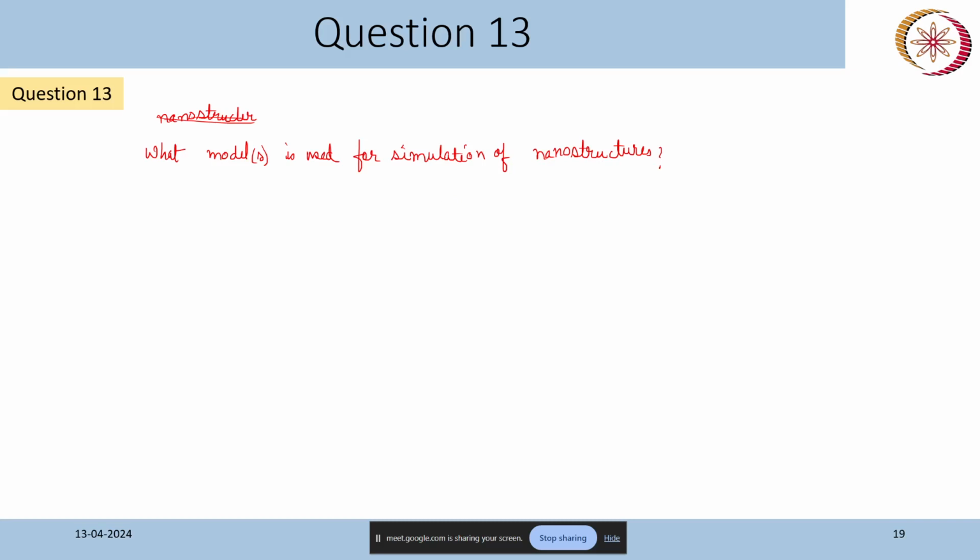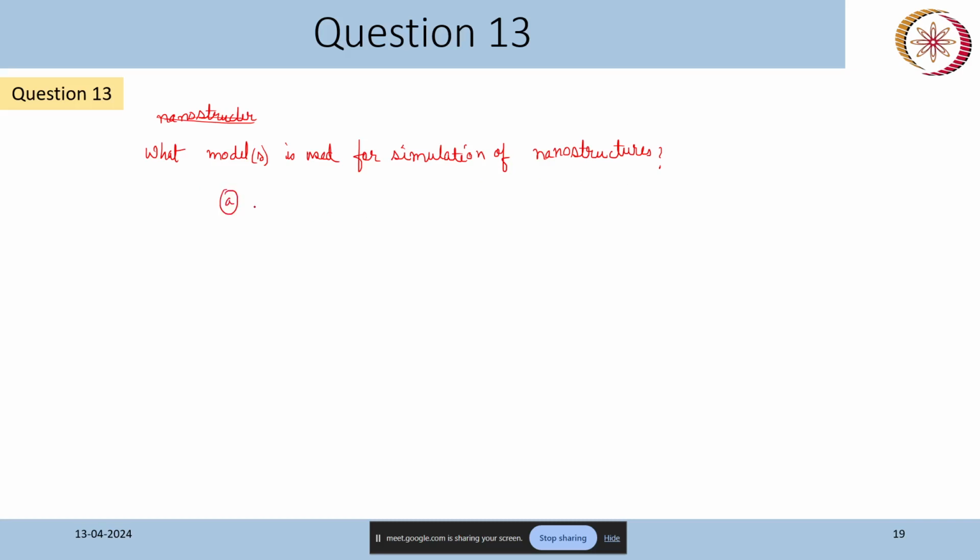If all the dimensions are in the nanometer range, then it will be a 3D nanostructure or quantum dot. If the structure has two dimensions in nanometers, then it will be a quantum wire kind of structure. And if only one direction is in nanometers, then it will be a nano sheet, like a 2D material kind of structure. So what model is used for simulation of nanostructures?